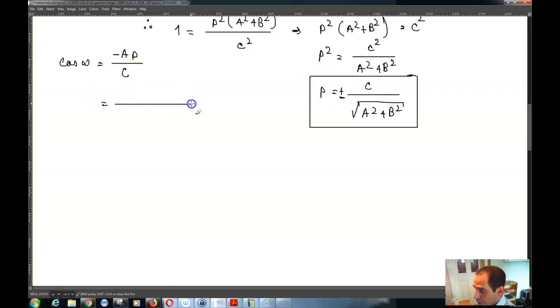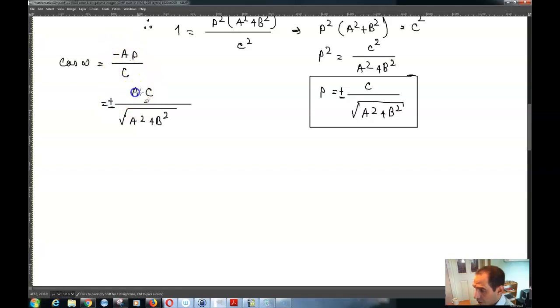I can write this as C over the square root of A squared plus B squared, and there is a plus or minus over here.